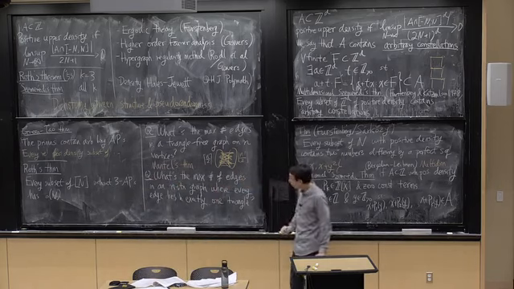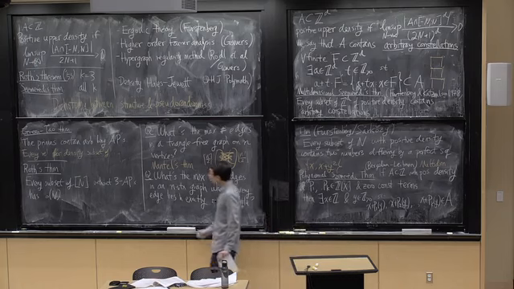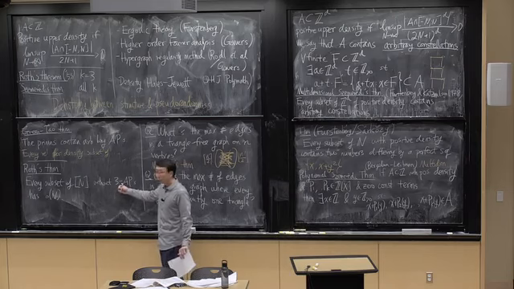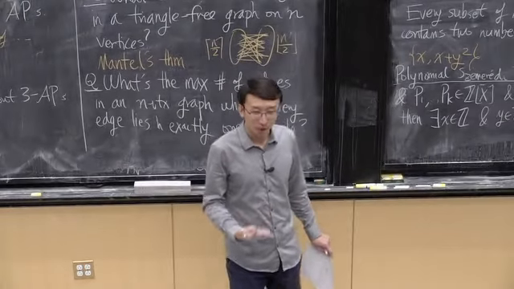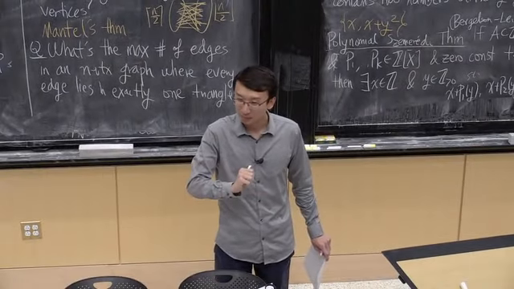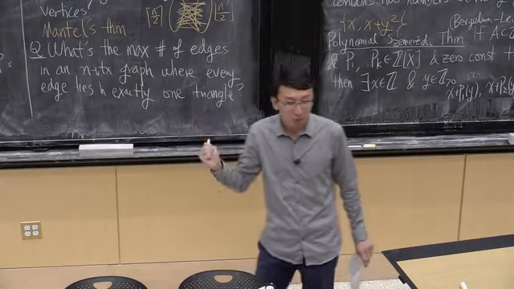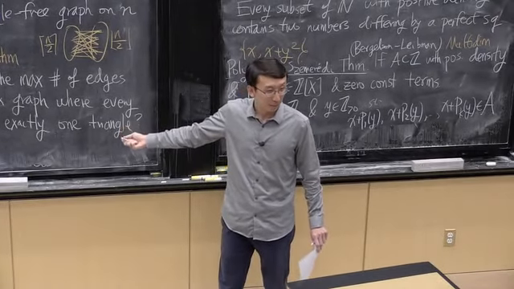Just to give you a hint, where does exactly one triangle come from? It's because even if you avoid three-term arithmetic progressions, there are still these trivial three-term arithmetic progressions where you keep the same number three times. And in the graph theoretic world, that becomes the unique triangle that every edge sits on.